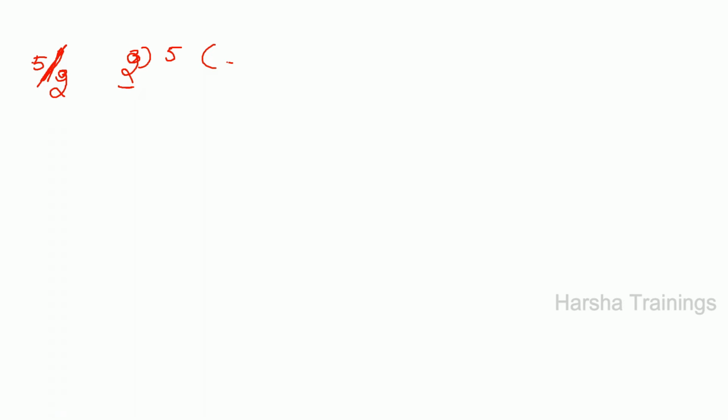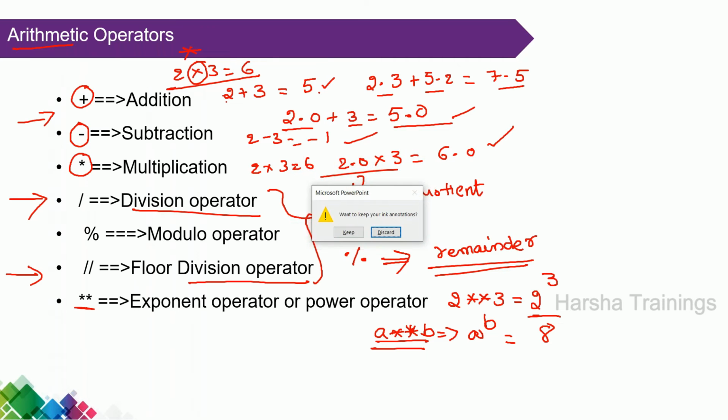Here whatever we are getting, that is my answer. So 2 into 2.5 is equal to 5. The remainder is 0. Here the answer is 2.5. Now let's check whether it is right or wrong.